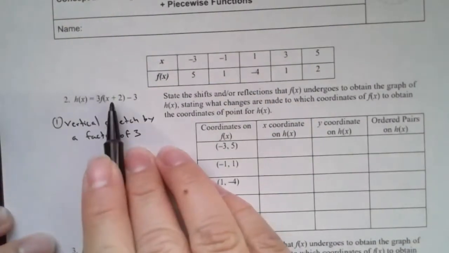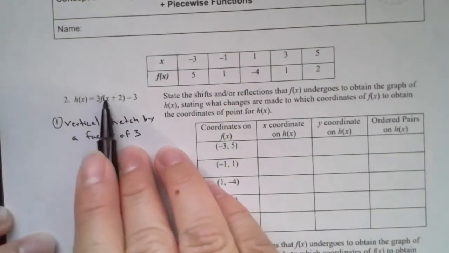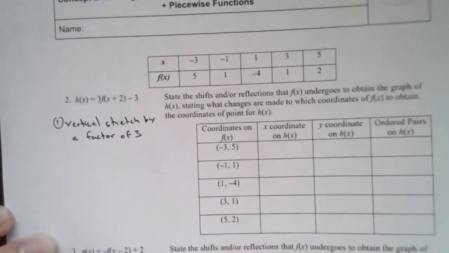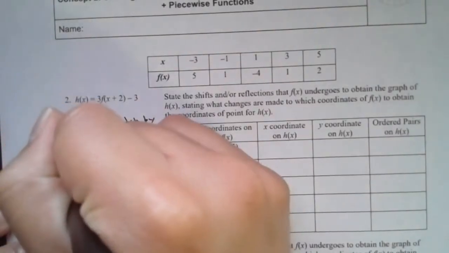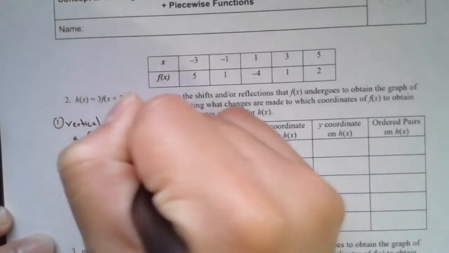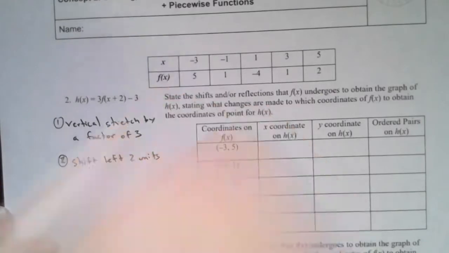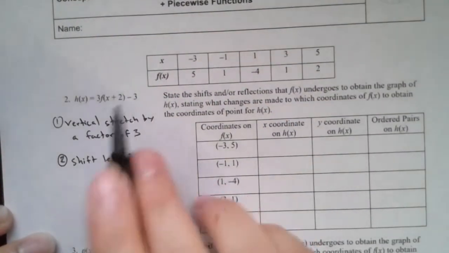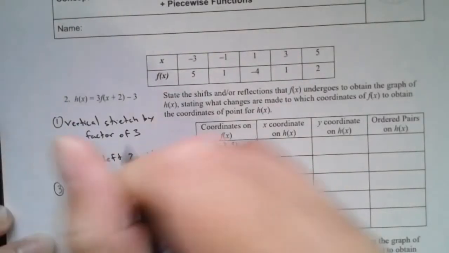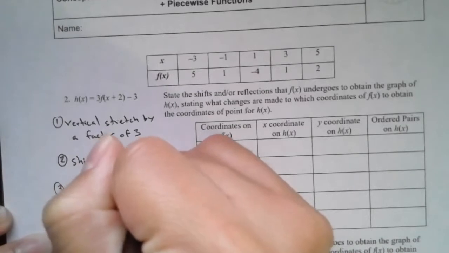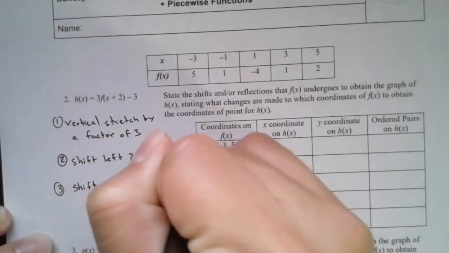I have f of x plus 2 within f of x, right, and it's positive, so this would be a shift left 2 units. Okay, and then finally I have -3 here outside, right, so this is a shift down 3 units.